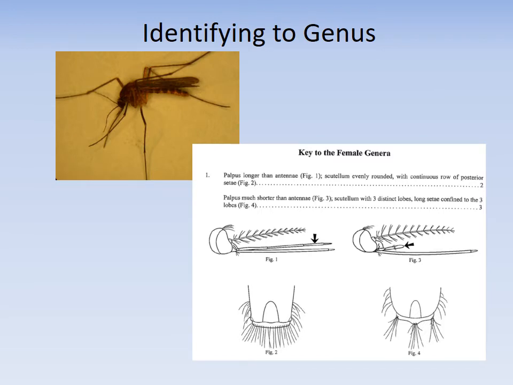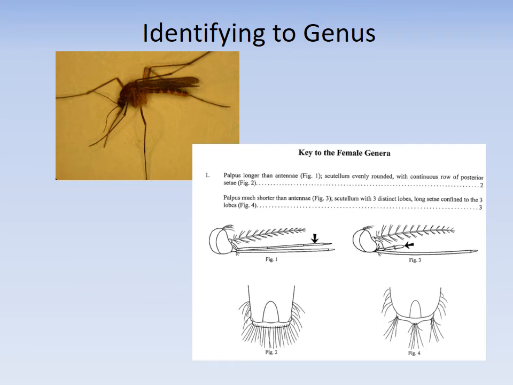So here we are at our first couplet. This can be found on page 28 of your ID book, the Mosquitoes of the Mid-Atlantic Region Identification Guide. This is going to be page 28, after the pictures of the general parts of adult mosquitoes.